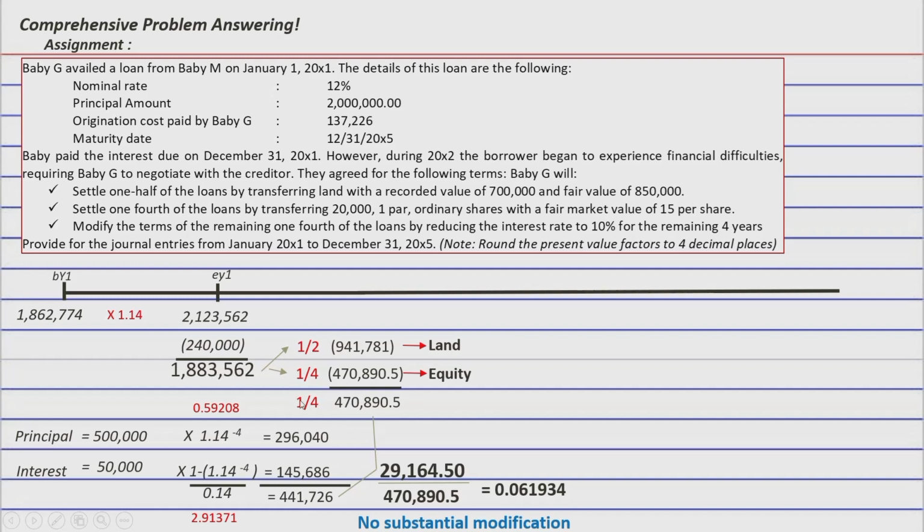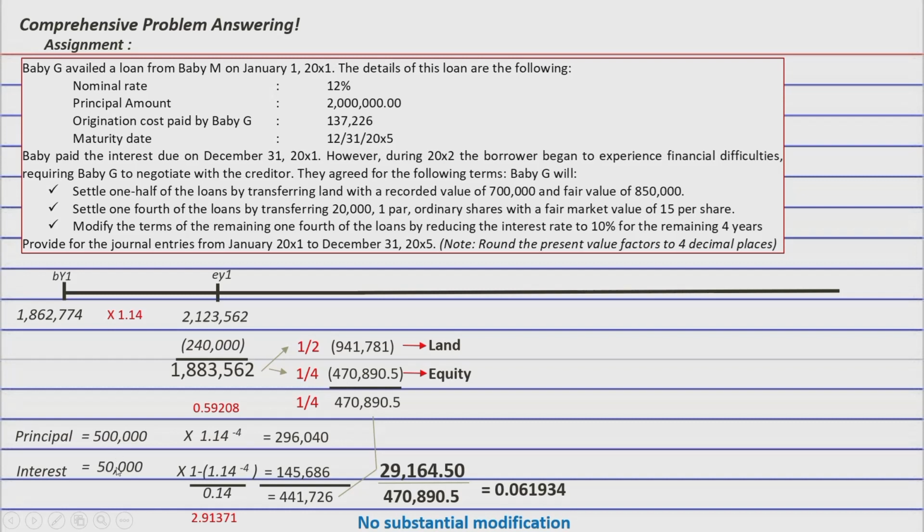Now, we have computed again a new present value of the debt because there is already a new payment term, right? So, actually, the principal to be paid is only 500,000. Because, again, 3/4 has already been paid. And the interest is now 10% or 50,000. That's 500,000 times 10%.